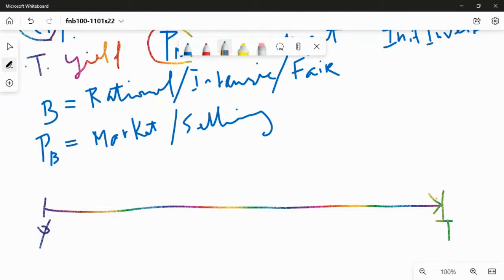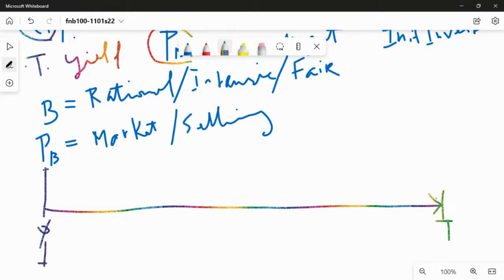I mean, three types. One, you might say, oh, treasury, corporate bond, and municipal. No, I'm not talking about that. I'm talking about the price. Is the price selling above the par value or selling below the par value?